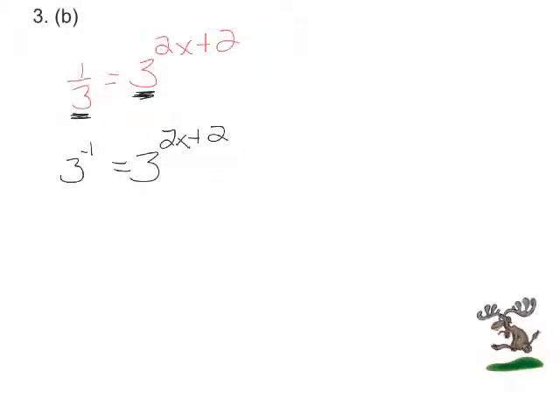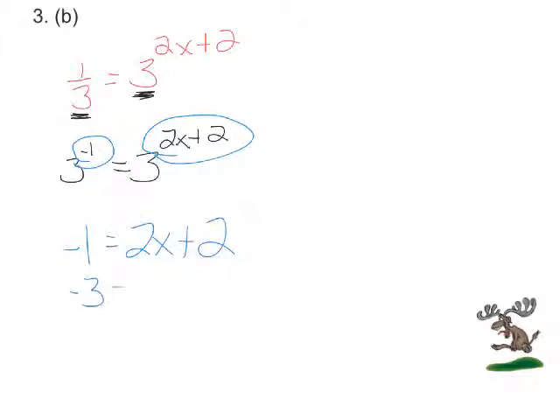Now we can say that the exponents are equal to each other. Negative 1 is equal to 2x plus 2, and solve for x. So subtract 2, we get negative 3 equals 2x, and then divide by 2. Negative 3 halves is equal to x.